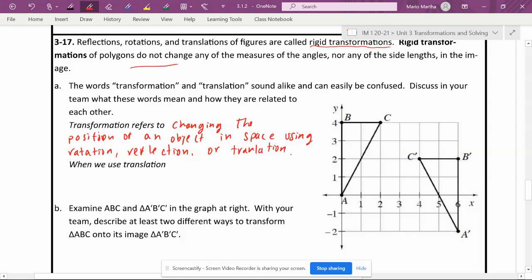And the word translation refers to when we just slide an object across space, across a plane.